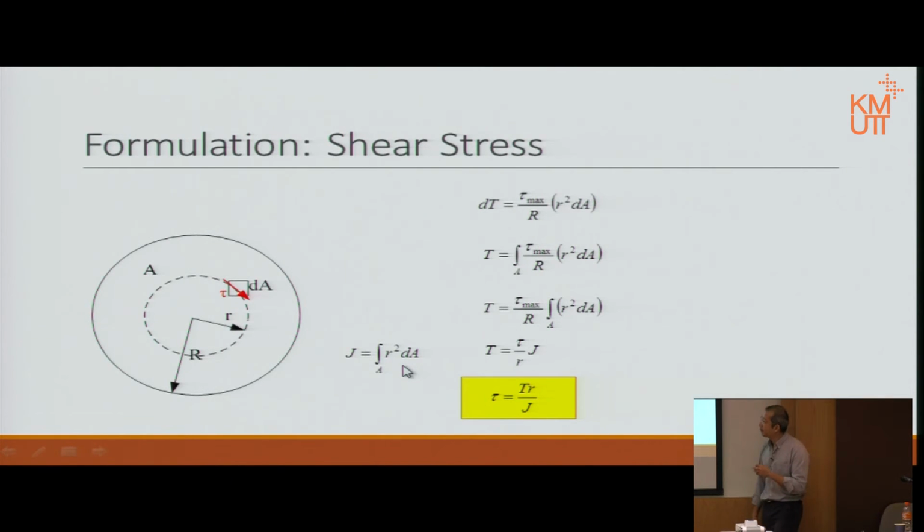That one is the polar area moment of inertia, J. Therefore we can change that form around to find out what the stress is, and we end up with the final equation for the shear stress caused by torsion.